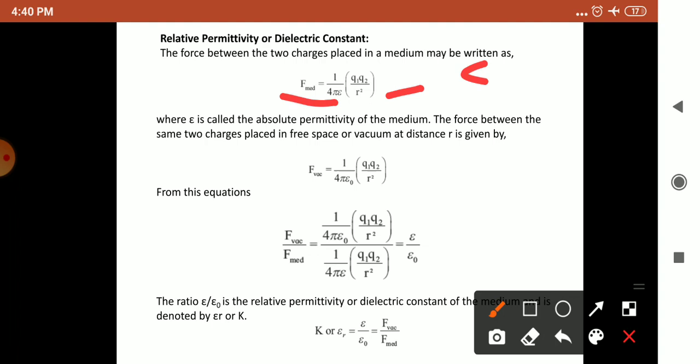Here this epsilon is called the absolute permittivity of the medium.